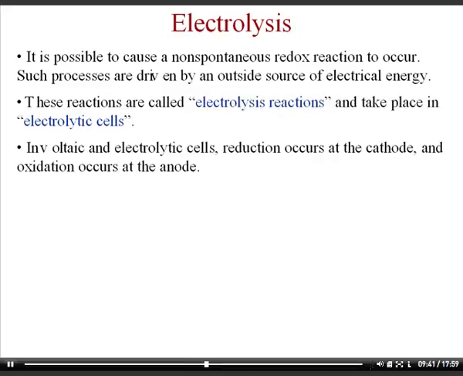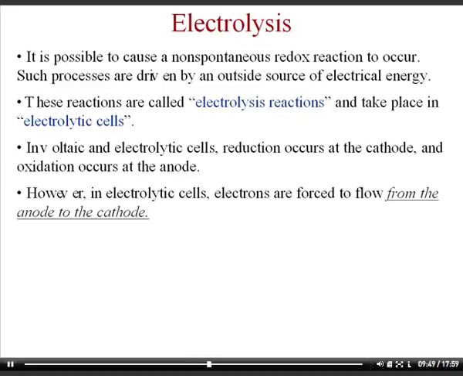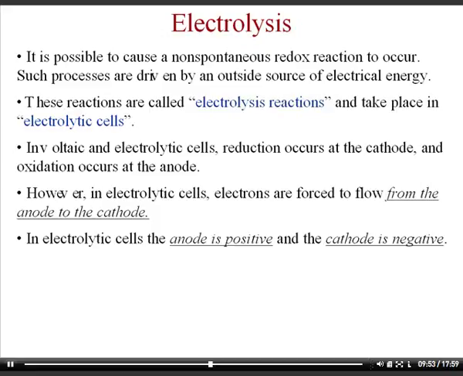Now, in a voltaic cell or an electrolytic cell, you still have reduction occurring at the cathode, so there is still the GER at the cathode, and there's still oxidation at the anode. But the electrons are forced to flow from the anode to the cathode, which is normal, but the freaky thing is that the anode is positive instead of being negative as in a normal battery, and the cathode is negative.